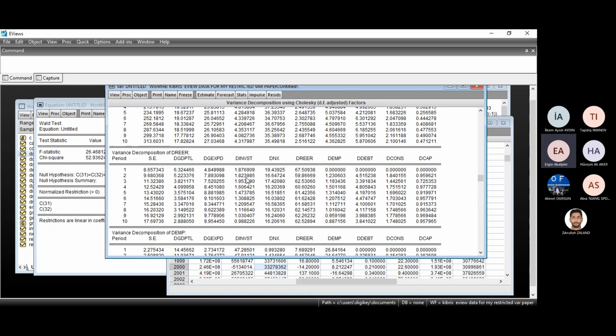So the net export is affecting the exchange rate, as you see. Is that normal, isn't it? As it is expected, this is very high. Compared to the others, NX is not low, it is very high and is affecting, and governmental expenditure is also affecting, and GDP is also having some impact on the real effective exchange rate.